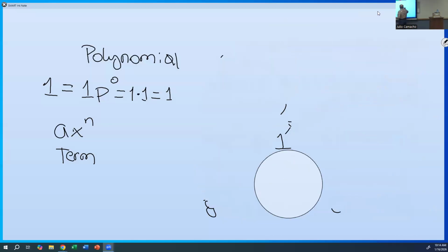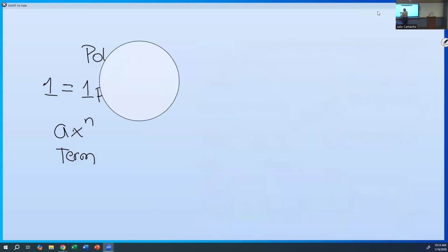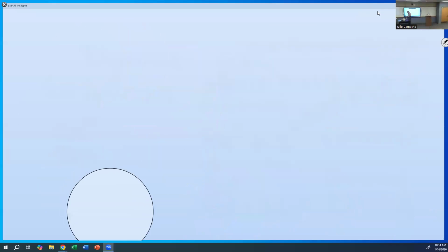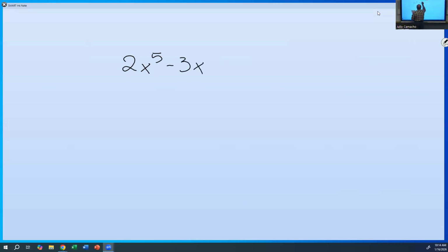Let's go now to do some equations after I give you this foundational part. Then my question is, you have an algebraic expression like 2x to the 5th power minus 3x to the 4th power plus 12x to the 3rd power minus 2. How many terms do we have there?